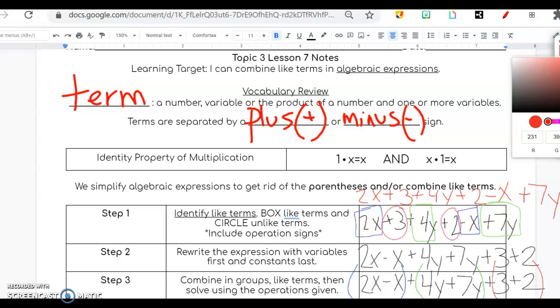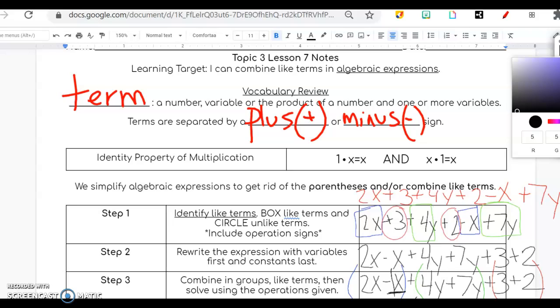Okay? So then I solve each section. I solve the like terms to combine our groups. So 2x minus x gives us x. Remember that an x by itself means 1x. So you can put a 1 in front of it if you'd like. That means 1x. Okay? So 2x minus 1x gives us an x by itself.